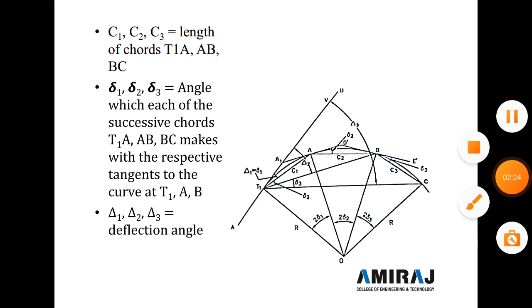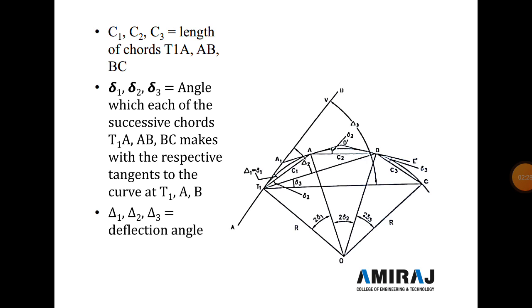Here C1, C2 and C3 are the lengths of the chords T1A, AB and BC.